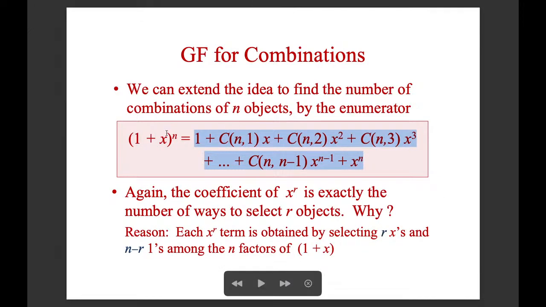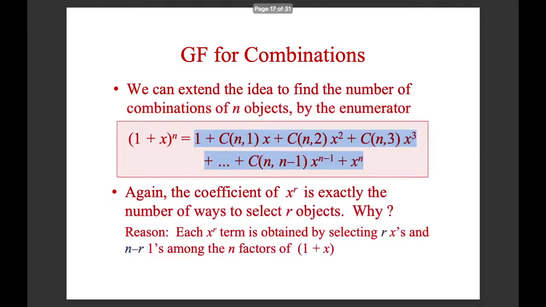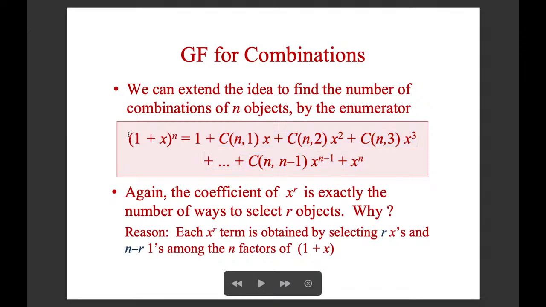So this is actually called the binomial theorem. And this is something interesting, right? So this is just a sidetrack. Suppose that we know that this is true: 1 plus x to the power n is always equal to this.